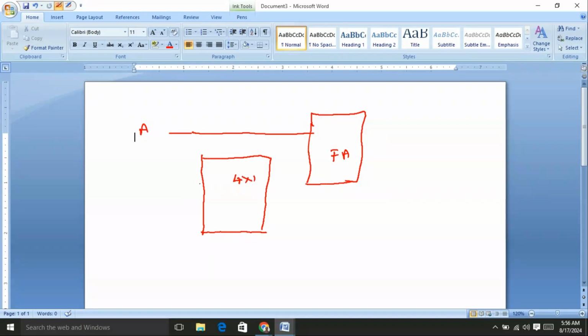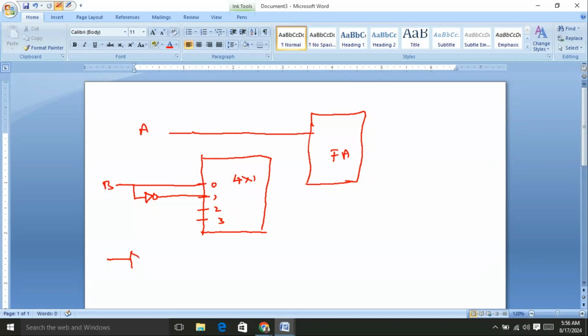For the 4 by 1 multiplexer, this is the 0 input, this is the first input, this is the second input, and this is the third input. The first input is connected to the operand B. The second input is connected to the complement of the second operand, B bar. So the remaining two inputs are connected to the, right.